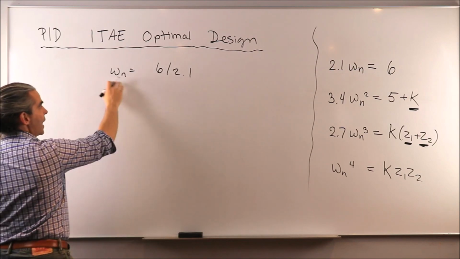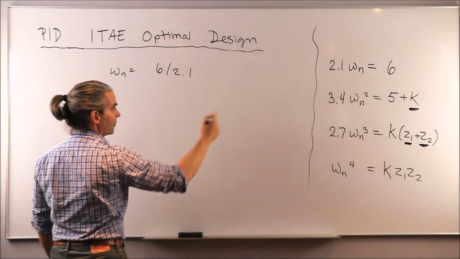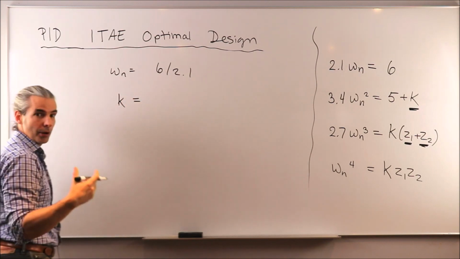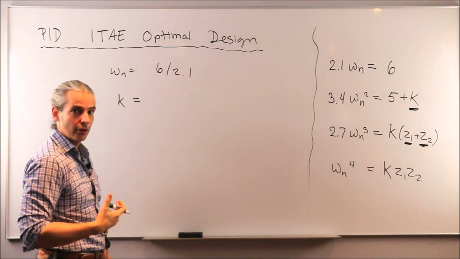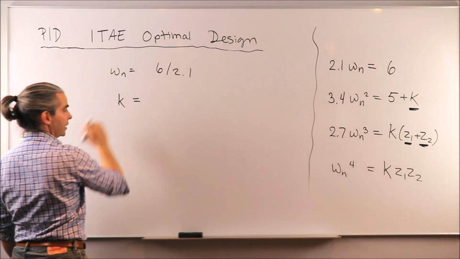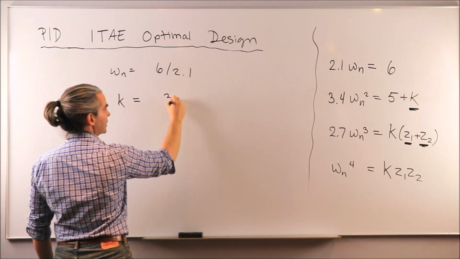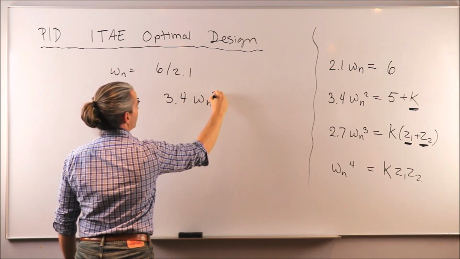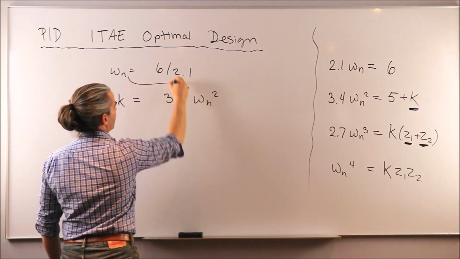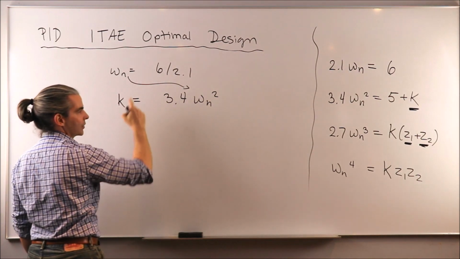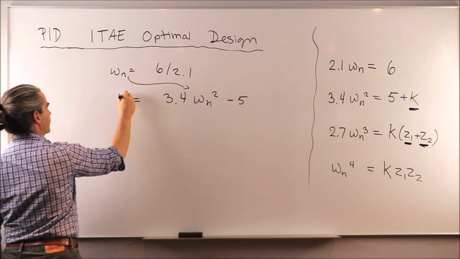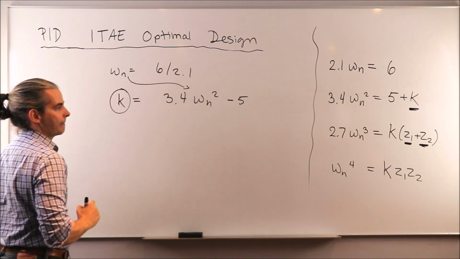And then once we have omega n as a number, we can solve for the first control parameter that we need in order to implement our PID controller, which is the gain k, which is simply 3.4 times omega n squared, omega n coming from that first equation, minus 5. And now I solve for the first one.